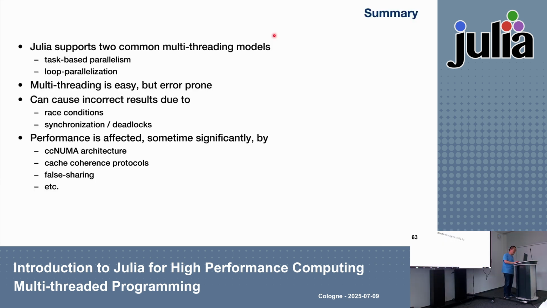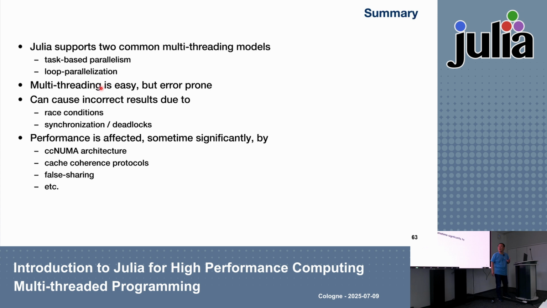And to summarize, Julia supports 2 ways to do multi-threading. In this part, we mainly focused on the first way, the so-called task-based multi-threading, and we went through the so-called loop parallelization very quickly.